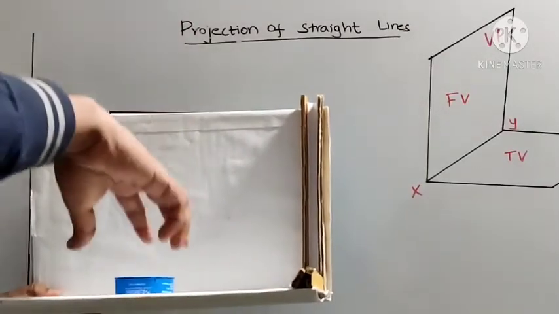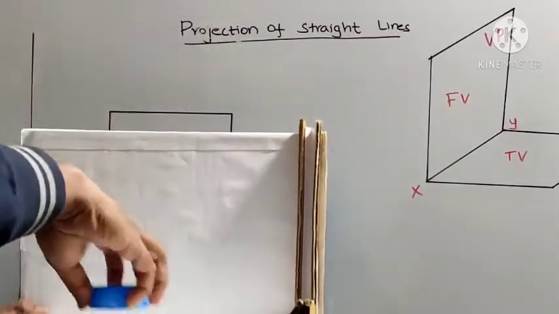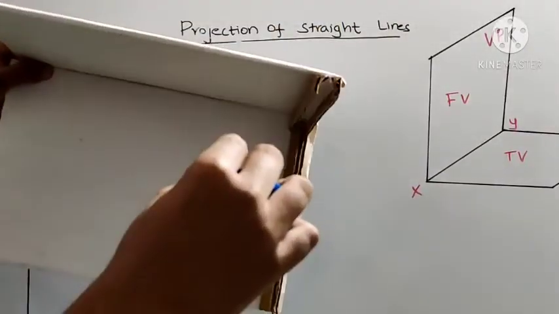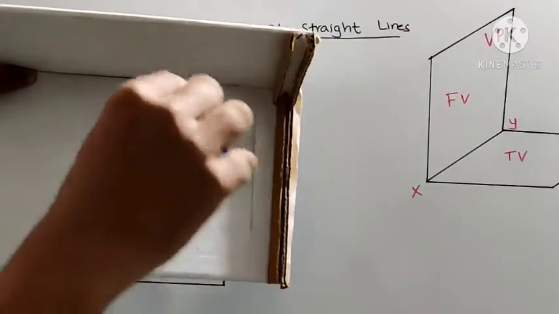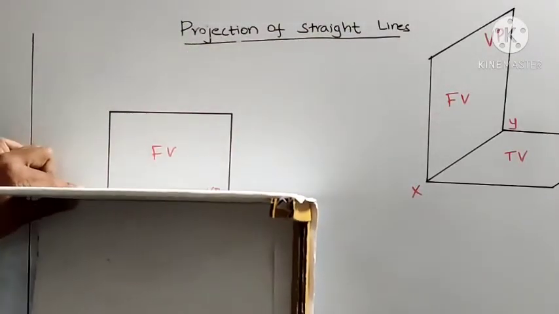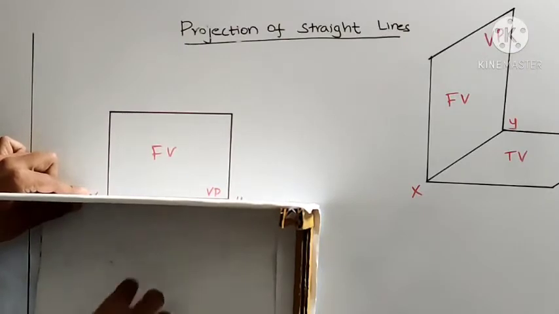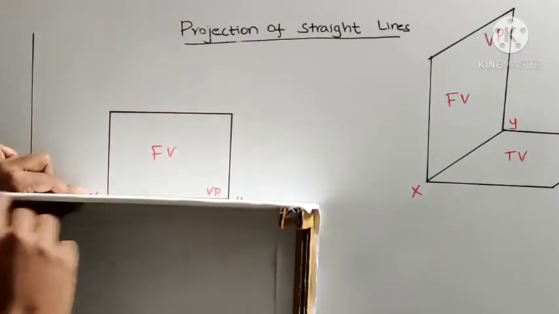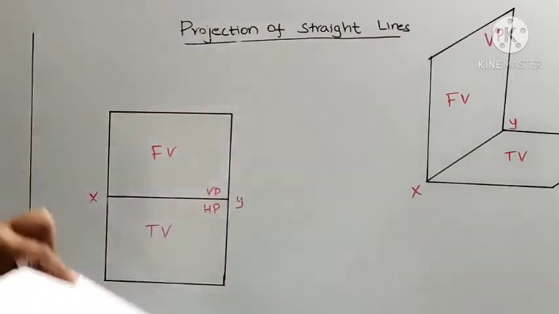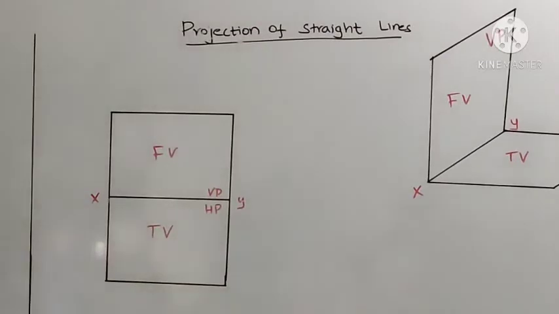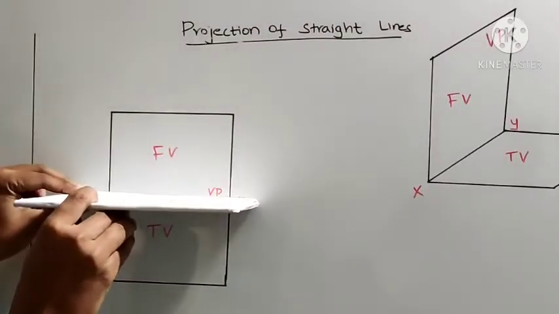I'm just rotating the quadrant system as well as the position of the observer, something like this. So the horizontal plane and the observer will look like here. This is the horizontal plane and you will get the top view here. When you are working on this horizontal plane, your vertical plane will look like a straight line, and the straight line will overlap with the reference line. We'll get something like this.